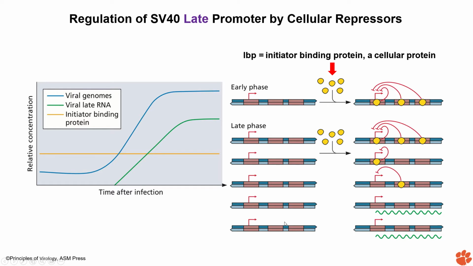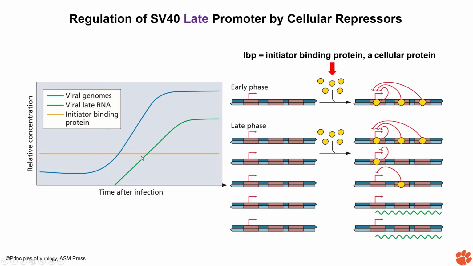As DNA synthesis increases, they run out of the IBP, and it cannot cover those anymore. And this is what we call an escape from the repression. So that means that this is basically anti-repression, or escape from the repression, to allow the late gene expression. See that this is how it is happening.